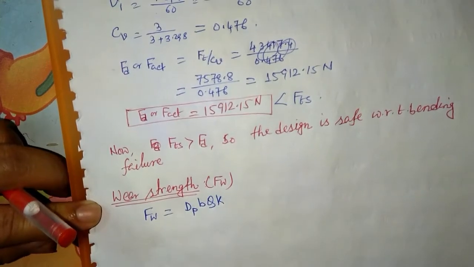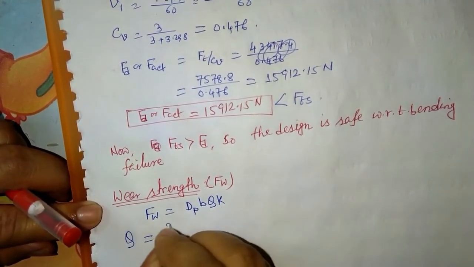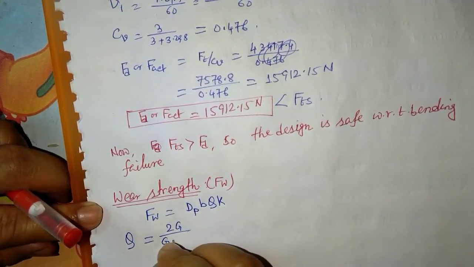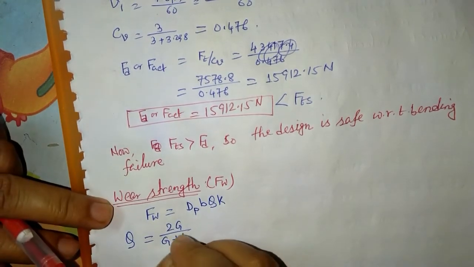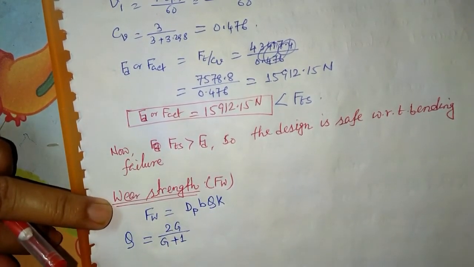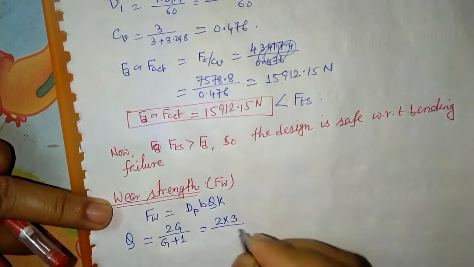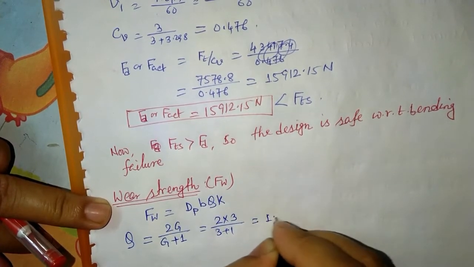Okay, this we have seen. So now the value of Q we know is 2G by G plus 1. Here it is not mentioned whether internal or external, so if not mentioned we will take it as external. Okay, so this is our 2 into gear ratio, 3 by 3 plus 1, and this value becomes 1.5.